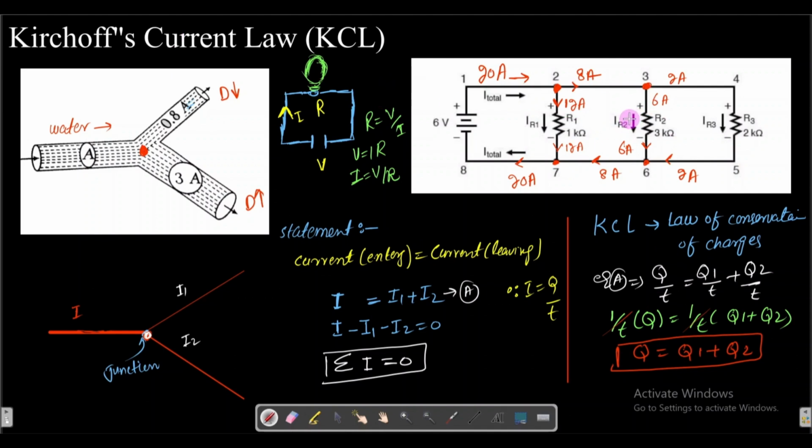This is the practical implementation, the analogy, and the background for Kirchhoff's current law. And this is the statement, and this is the justification of how Kirchhoff's current law is called the law of conservation of charges.